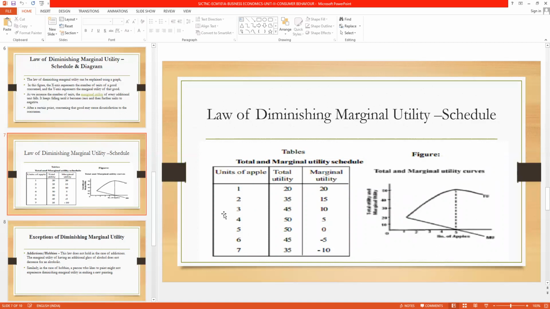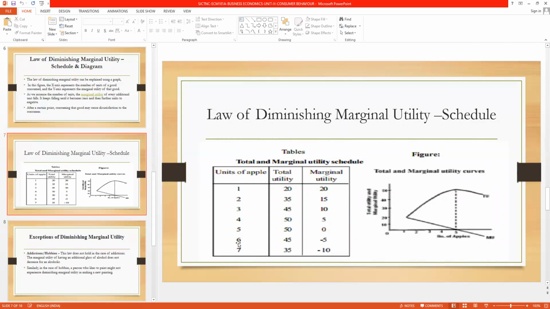You can find that we are adding only one more. So to find out marginal utility, we have to add only 1: 1, 1 plus 1 is 2, 2 plus 1 is 3, 3 plus 1 is 4, 4 plus 1 is 5, 5 plus 1 is 6, and 6 plus 1 is 7.